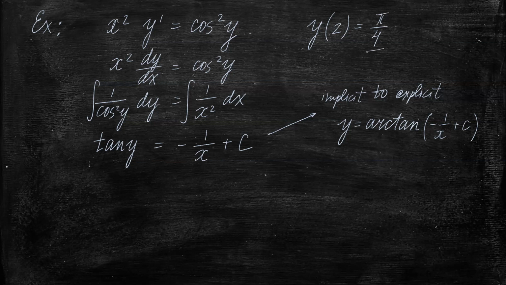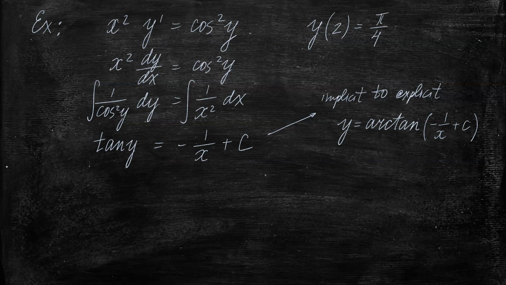And since pi over 4 is in that interval, that means it is appropriate for us to apply arctangent to both sides.